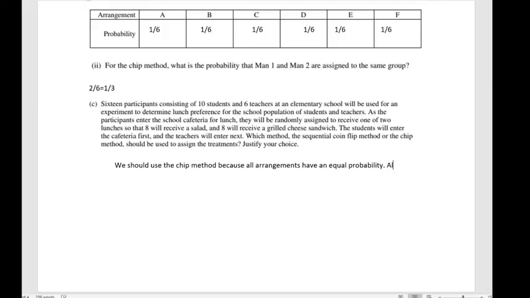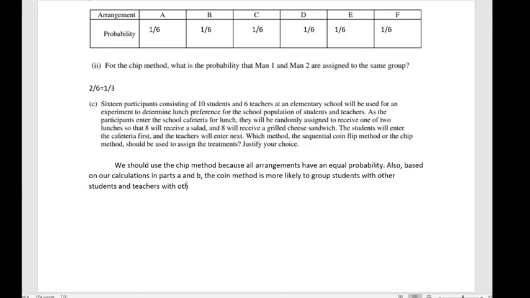Also, based on our calculations in parts A and B, the coin method is more likely to group students with other students and teachers with other teachers.